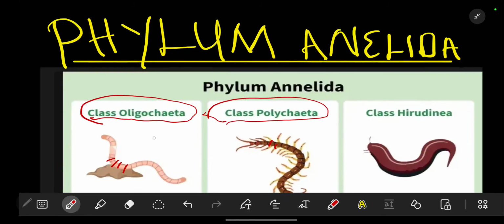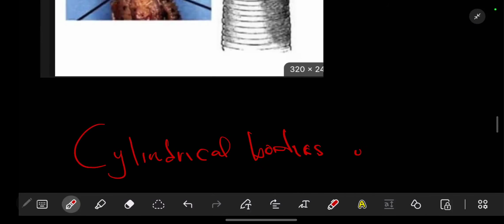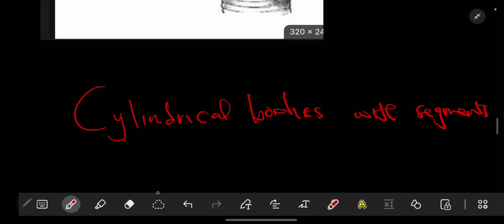Number one, we have already talked about it, which is they are segmented worms. That's the first thing. They also have cylindrical bodies, so their bodies resemble a cylinder, with segments that appear like rings.